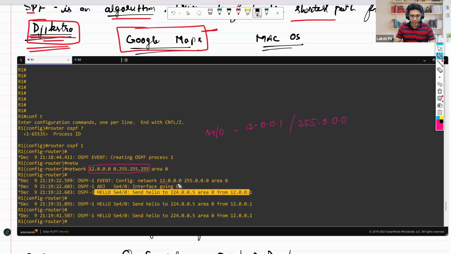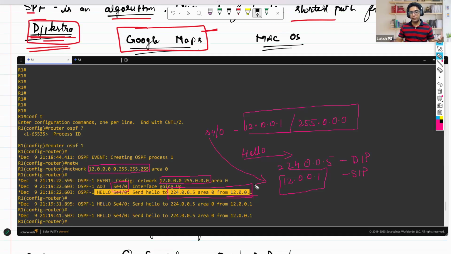So you can see it is advertising this particular network on serial 4/0, using a hello message that is sent at the multicast address of 224.0.0.5. So 224.0.0.5 becomes the destination IP, and the source IP is 12.0.0.1, which is basically serial 4/0's IP address. There are so many things that we can understand through this debug command.